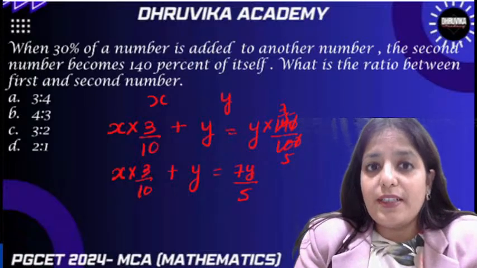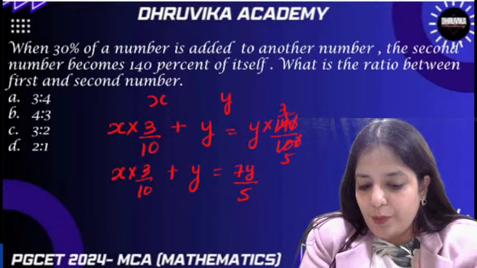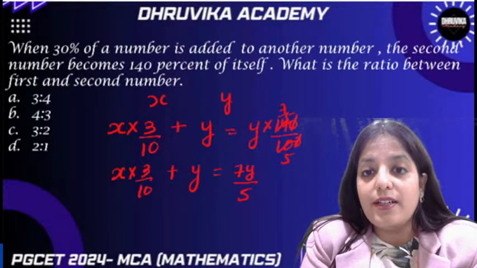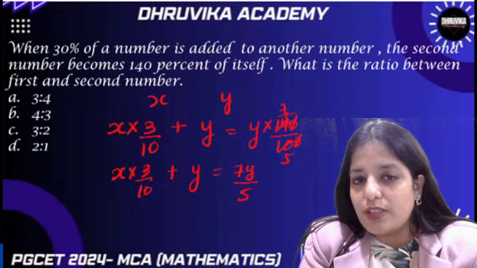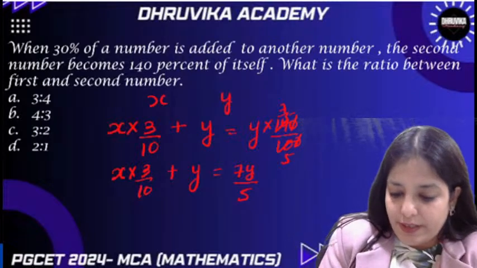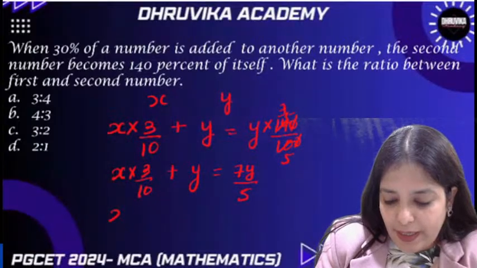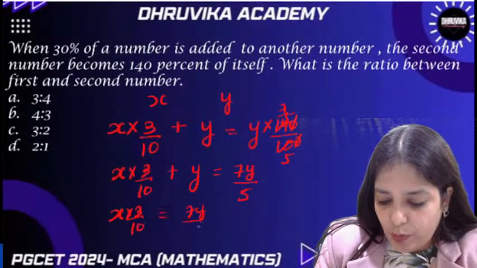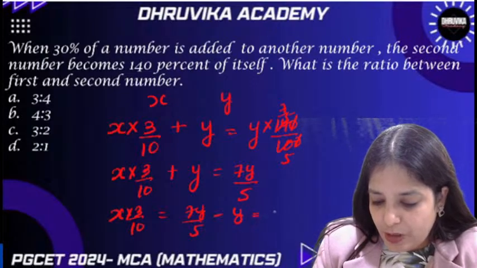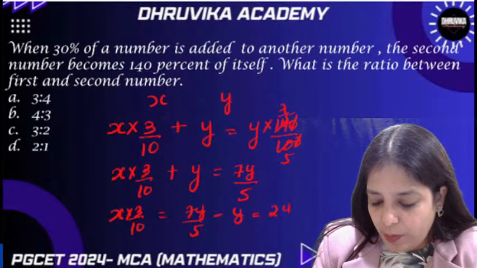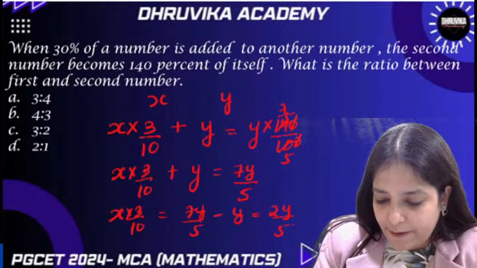So what you basically need to find out is the ratio between the first and the second number. It's very easy. You just need to transpose y to the other side and calculate the ratio. So x into 3 by 10 is equal to 7y upon 5 minus y, and when you take the LCM, you will find it as 2y upon 5, right?